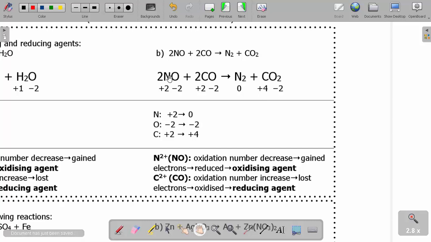It is nitrogen monoxide. So nitrogen monoxide, NO or N2+, is called the oxidizing agent. And then the carbon, which is the C2+ or CO, its oxidation number has increased. Okay, so it becomes the reducing agent. Why? Because the carbon 2+ has reduced the oxidation state of nitrogen from +2 up to 0. So it means that in this particular case, my carbon monoxide, or you can call it C2+, is called what? The reducing agent.